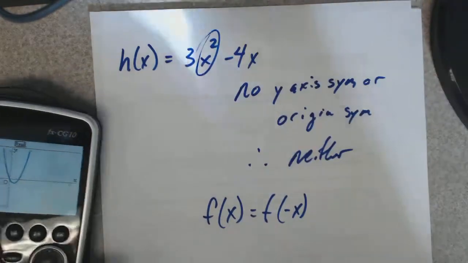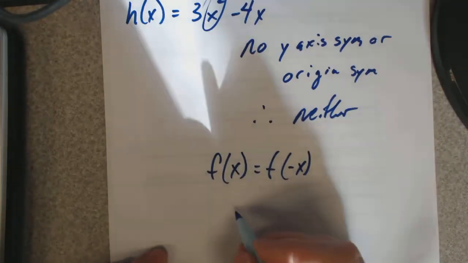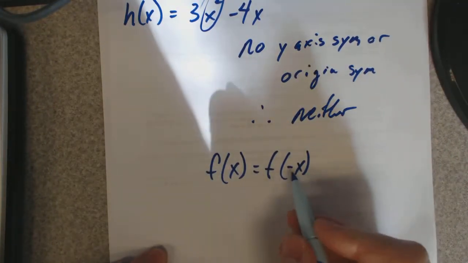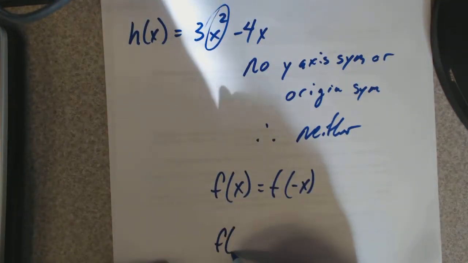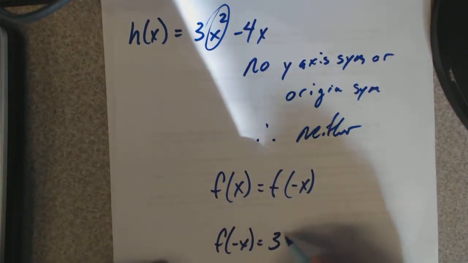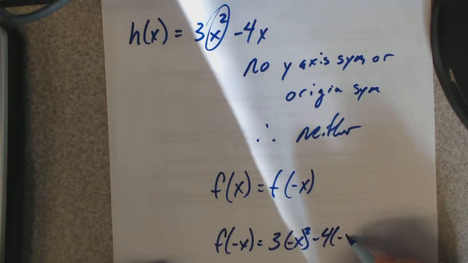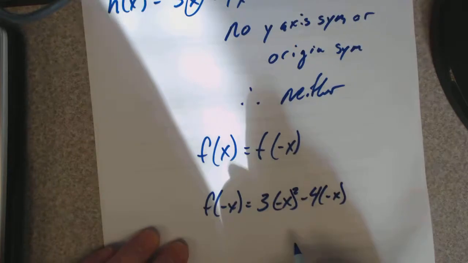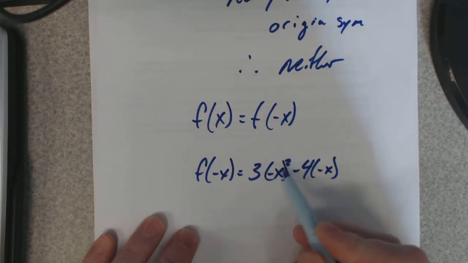And if you want to check it, x squared is the only option you had, so you want to see if this is correct. You plug in negative x and see if you get the same thing back out. Notice how I'm putting parentheses around these. What would happen here? You get a positive x squared.